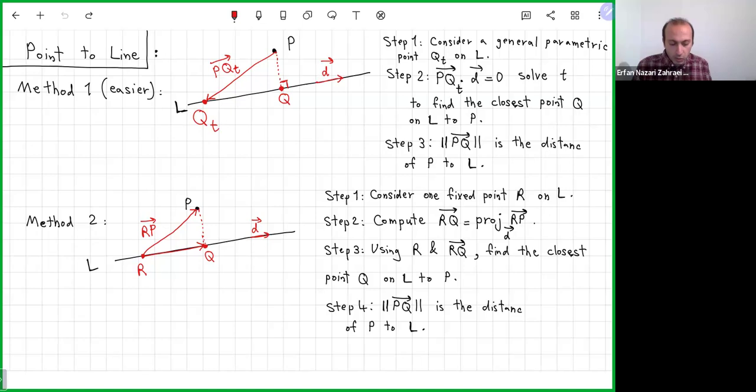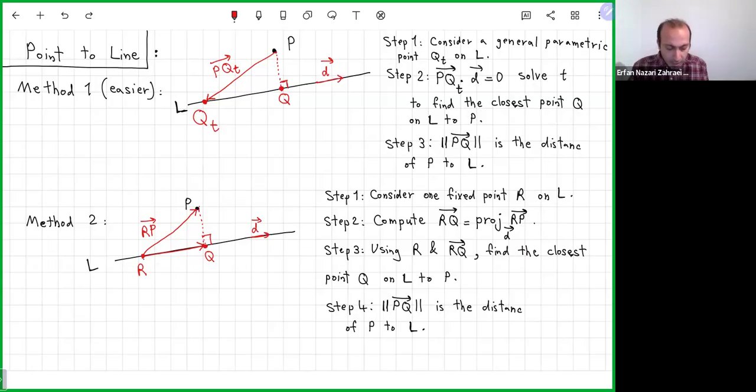But what I can do is project down orthogonally on L, in other words, on the direction of the line, which is D. If I project down this vector on the line, that's a computation for which I know a formula for projection, so I can do it.